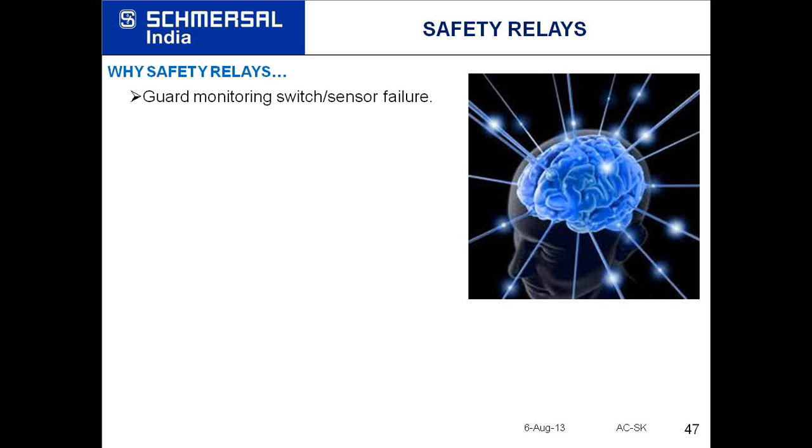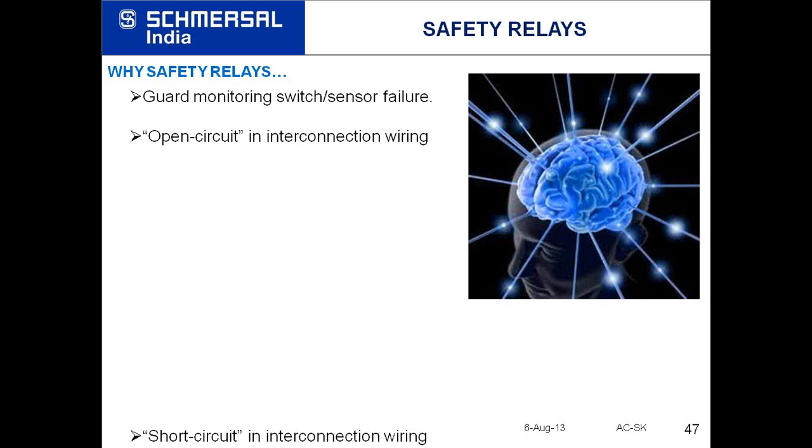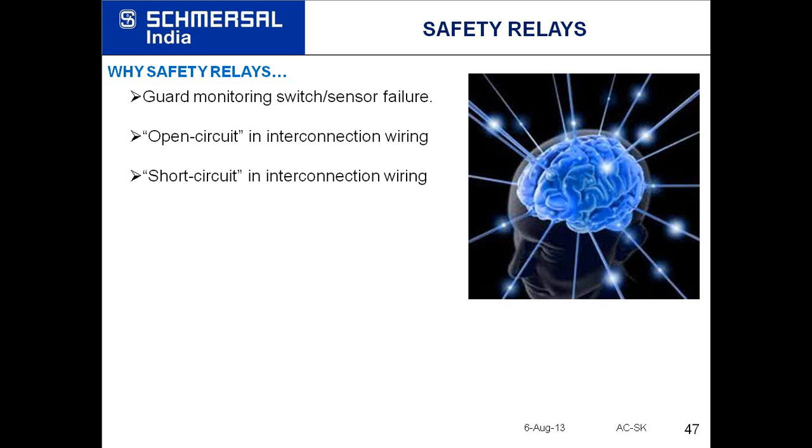A safety relay does guard monitoring. It detects open circuit in interconnection wiring. It detects short circuit in interconnection wiring. It detects short to ground in interconnection wiring. The interconnection wiring is for the safety control system.